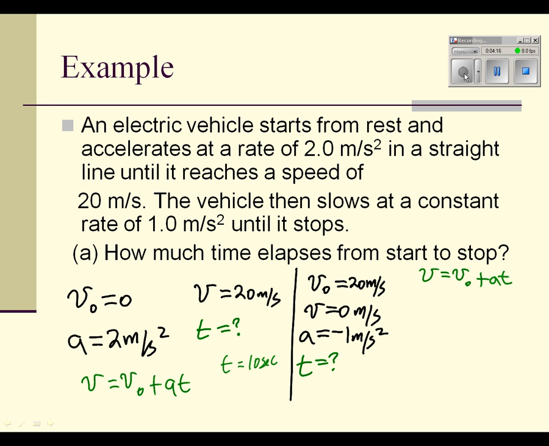And if you go ahead and plug in over here, you plug in your four variables, you'll end up with your time, in this case, equaling 20 seconds. So we have to remember that they want the total time, so that's just the two added together to give me 30 seconds. So that's your answer there.